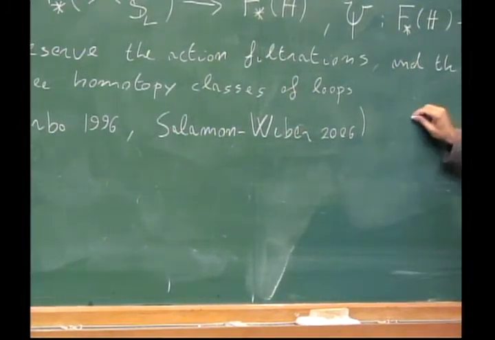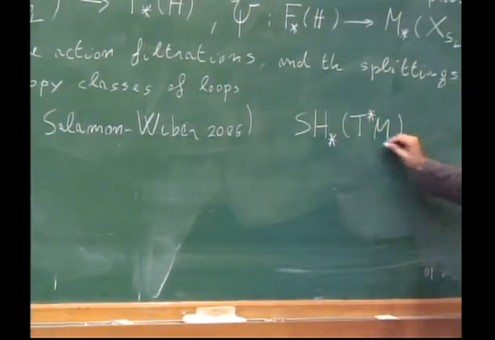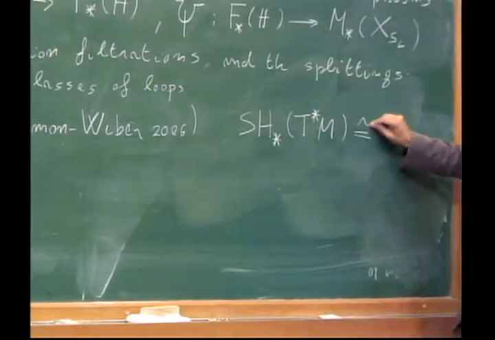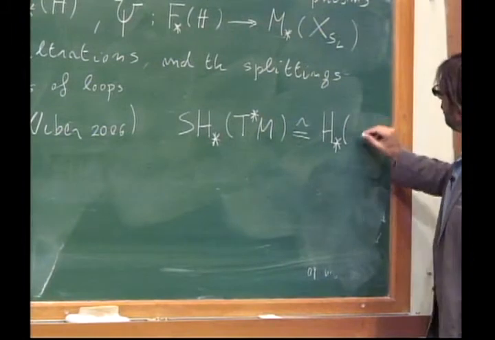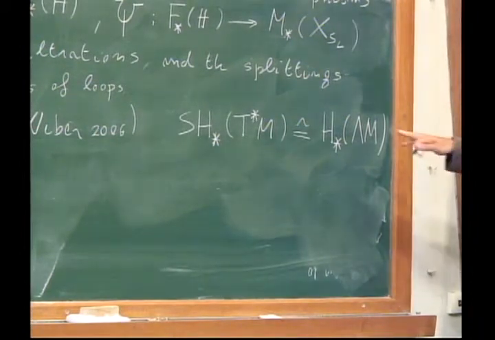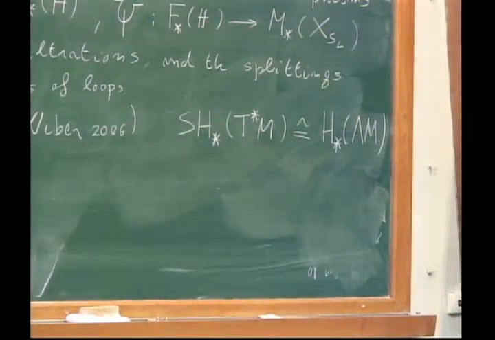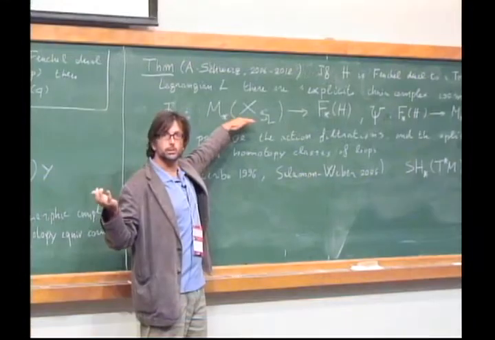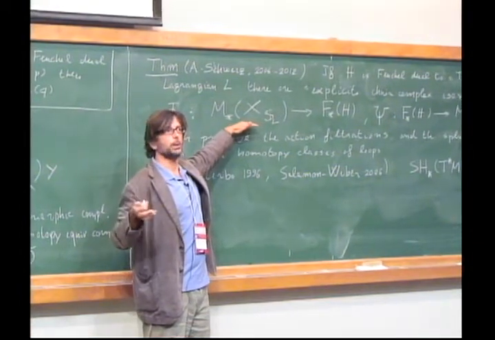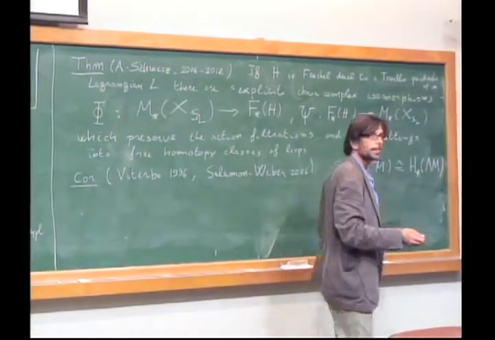The consequence is that the symplectic homology of the cotangent bundle of M is isomorphic to the singular homology of the free loop space of M, again using Z2 coefficients. And of course, this follows from this just because the homology of our Morse complex is the homology of the underlying manifold, and the underlying manifold is this space of H^1 loops, which is homotopy equivalent to the space of smooth loops, and so this is the homology one gets. Okay?